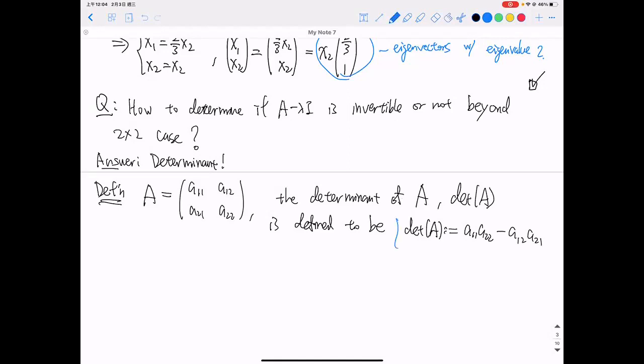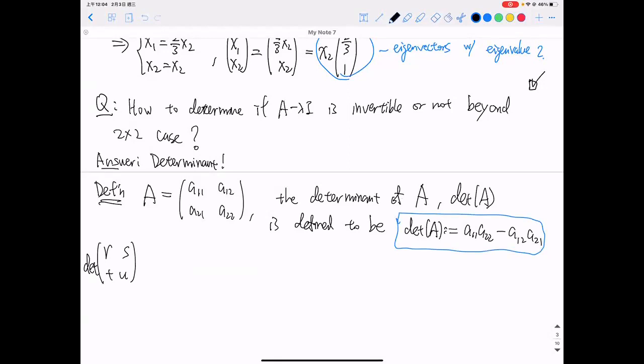So I'm just defining a quantity. First of all, you notice that in the previous discussion, we had the matrix with entries r, s, t, u.